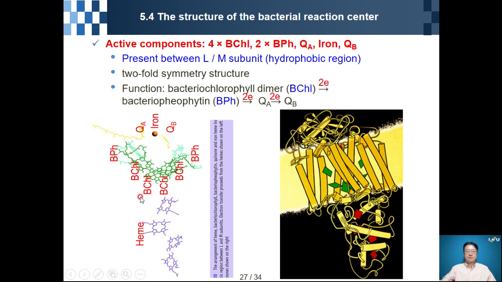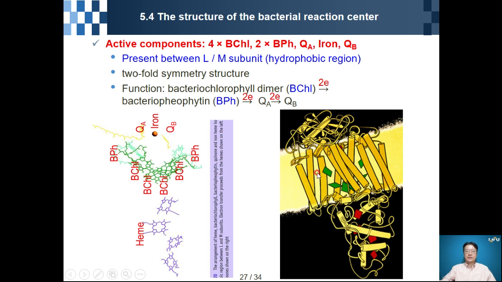So this is a bacterial chlorophyll dimer, and this is also a bacterial chlorophyll dimer, and also 2 bacterial pheophytins, QA, and QB. So in their structure, they are present. This is the L subunit and the M subunit.